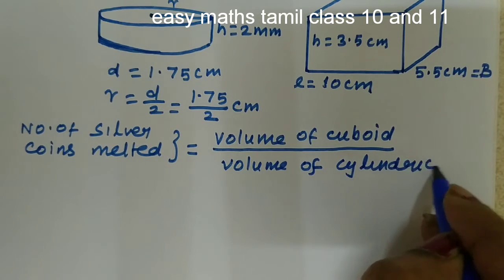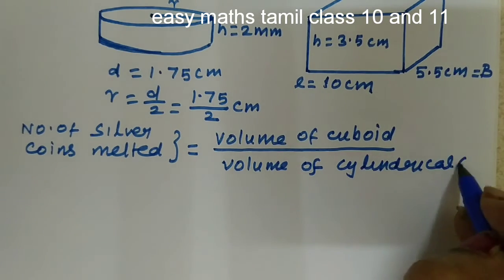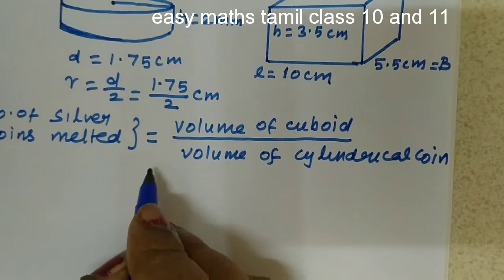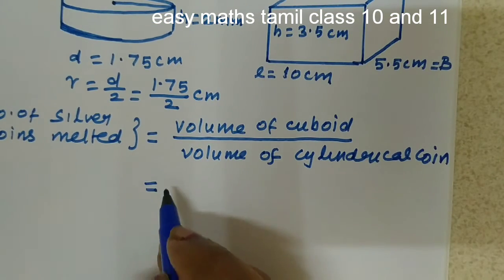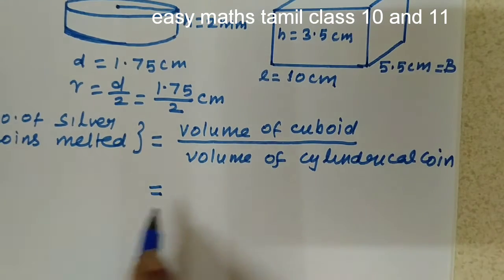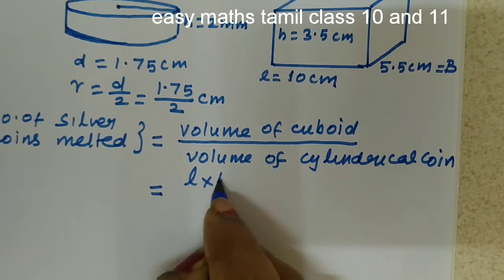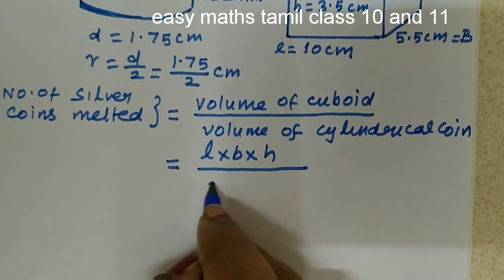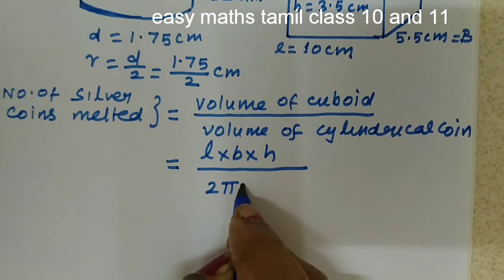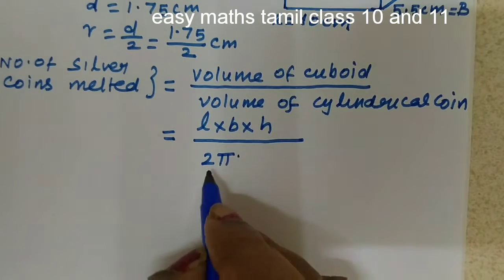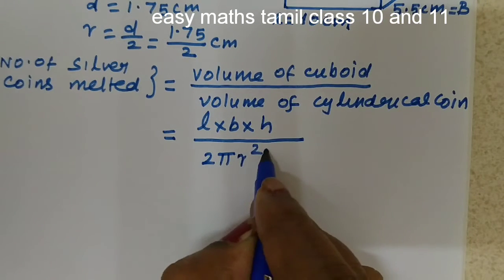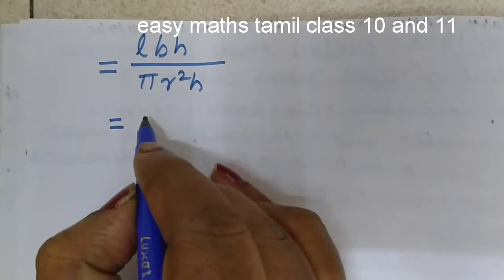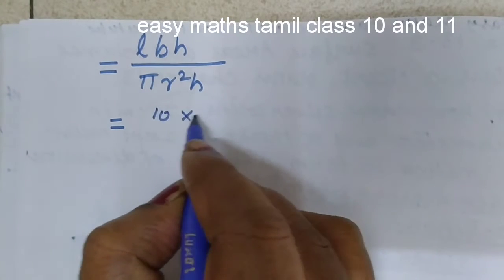So write the formula for volume of the cuboid as LBH, length into breadth into height, divided by volume of the cylinder is pi r square h. So LBH divided by pi r square h.